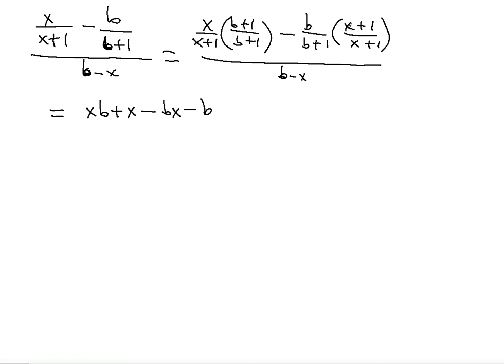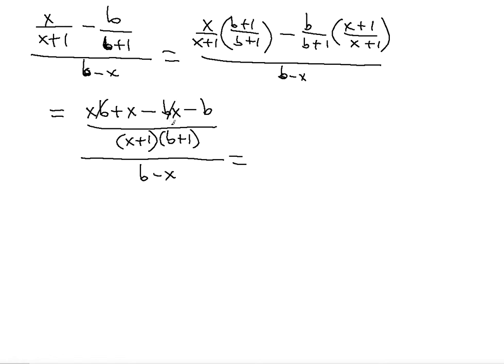Because we're going to distribute the minus to both of these terms, and then over x plus 1 times b plus 1, and this whole thing again divided by b minus x. Okay, so now these two terms will go away, right? So we will have x minus b divided by x plus 1 and b plus 1, and now we're going to divide it by b minus x.